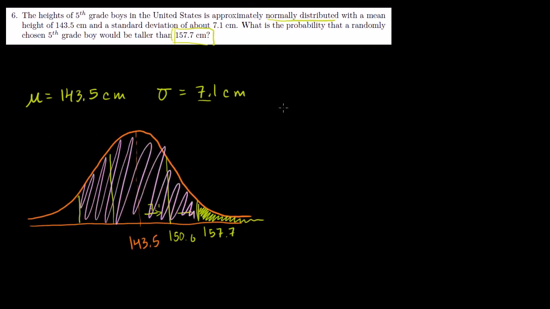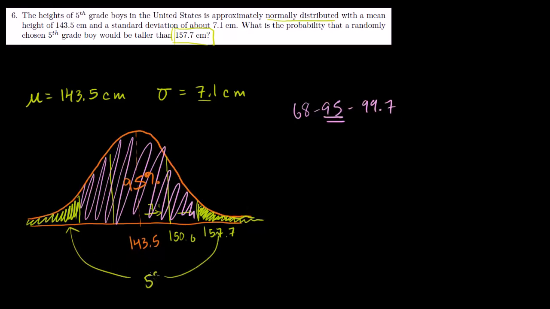The 68, 95, 99.7 rule tells us that this area, because it's within 2 standard deviations, is 95% or 0.95 of the area under the normal distribution. That tells us that what's left over, this tail that we care about and this left tail right here, has to make up the rest of it, or 5%. So those two combined have to be 5%.